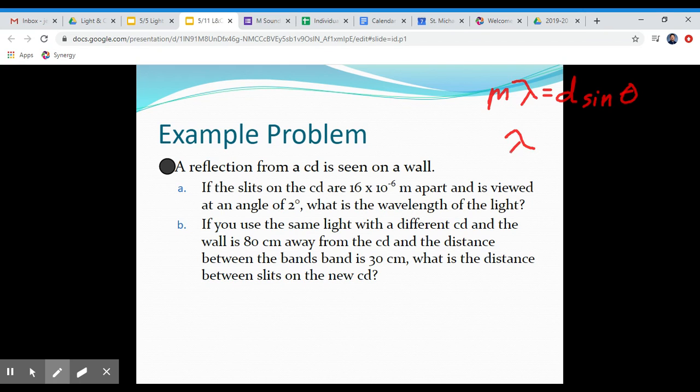I'm not even going to put it in there. Is equal to d. Remember, d is our distance between the slits, and we're talking about the slits on the CD. So I would have 16 times 10 to the negative 6th meters, and we're going to multiply that by sine theta. Simple enough. Go ahead and solve for that.